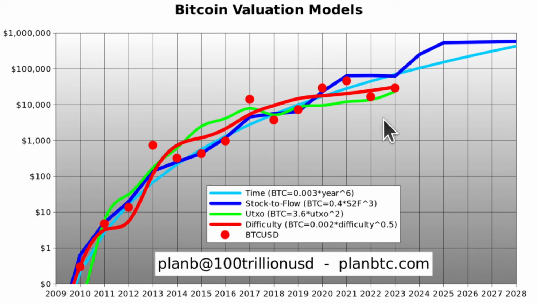So in order to do this, the number of UTXOs should rise 70% to 190 million. And then the pricing, the value based on the UTXO set is also in the 60-70K range. And the same for difficulty. If difficulty goes 4x, so that's quite a jump, but it can be done, right?